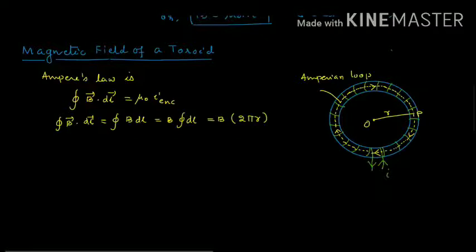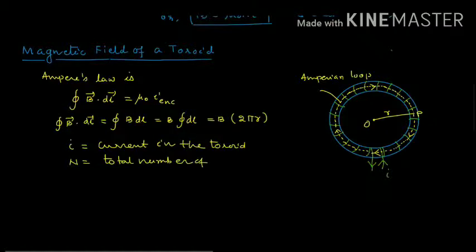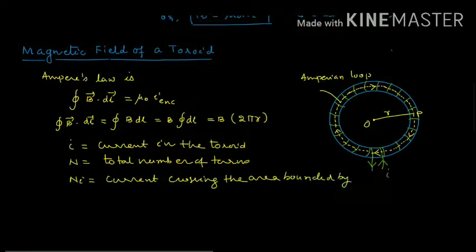Let I be the current in the toroid winding and N the total number of turns. So NI is equal to the current crossing the area bounded by the circle, that is the Amperian loop.